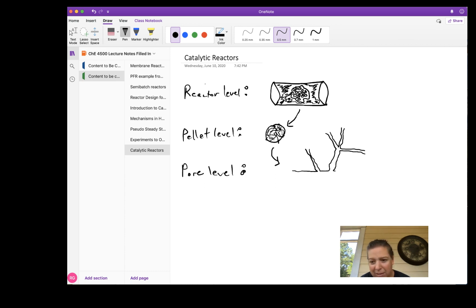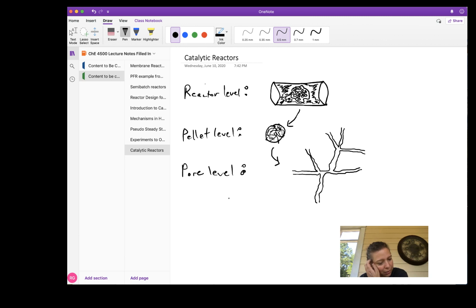I guess in some cases people have engineered pore structures. So if you're looking at a catalyst where there's been an engineered pore structure, you might know something more about it than what I'm drawing here. But I'm basically just drawing kind of a random pore network.